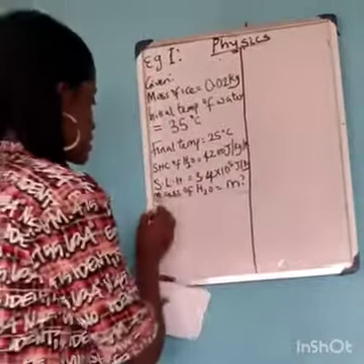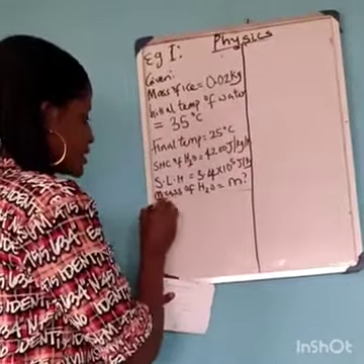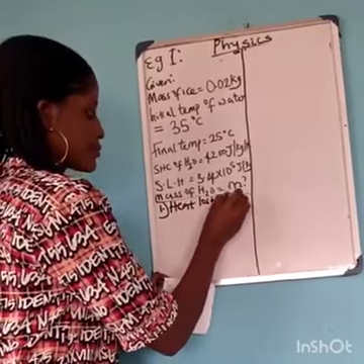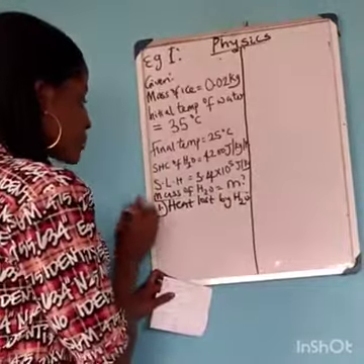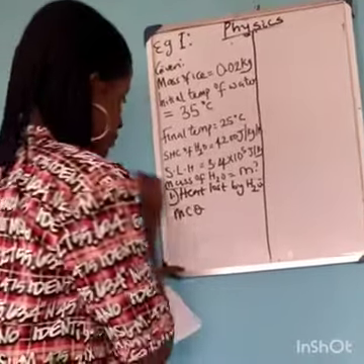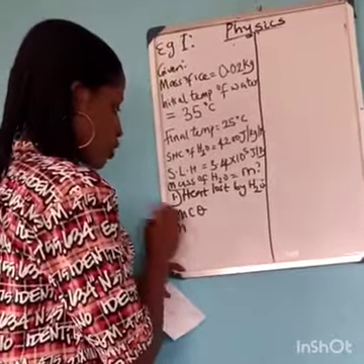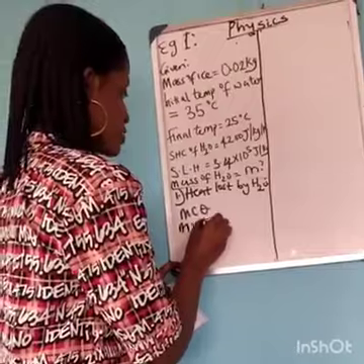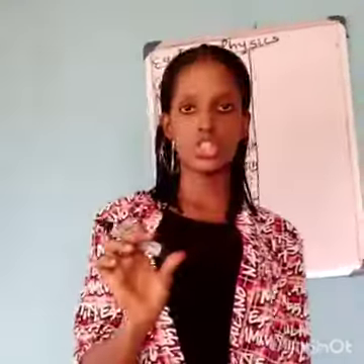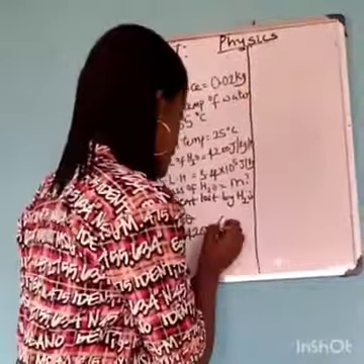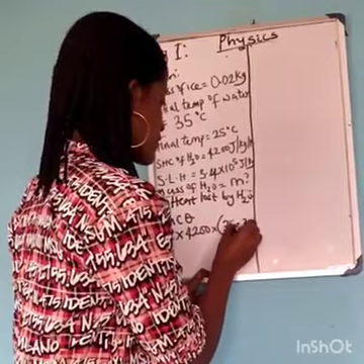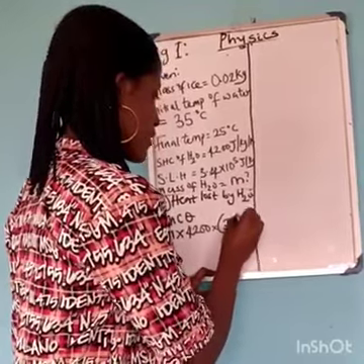So to proceed, we first and foremost find the heat lost by water. Heat lost by water is mcθ. Here, m we don't know, times 4,200 times the temperature change, which is the initial temperature 35 minus the final temperature 25.